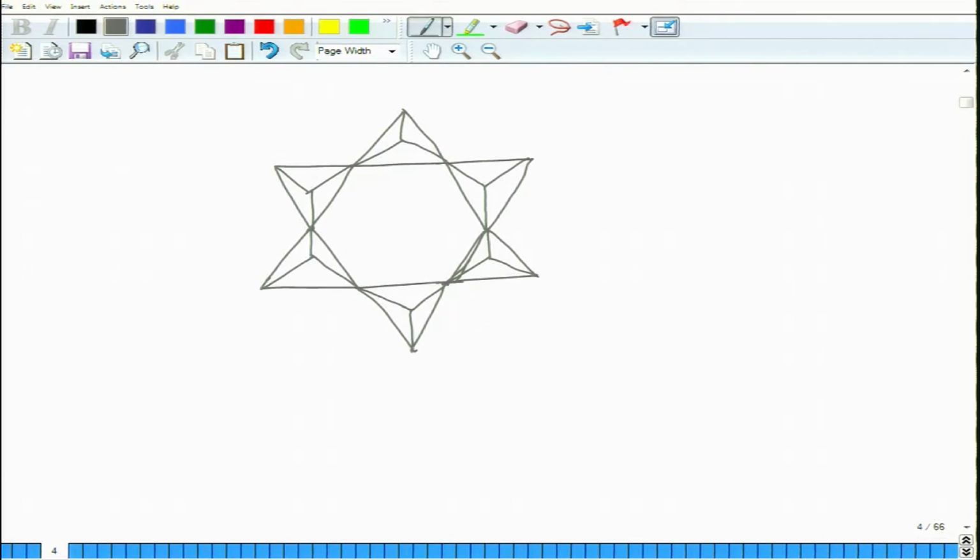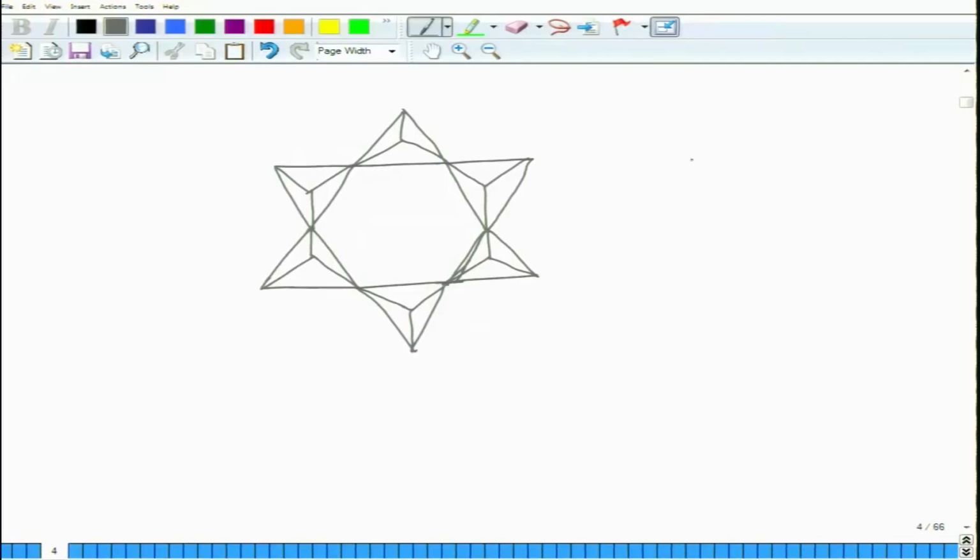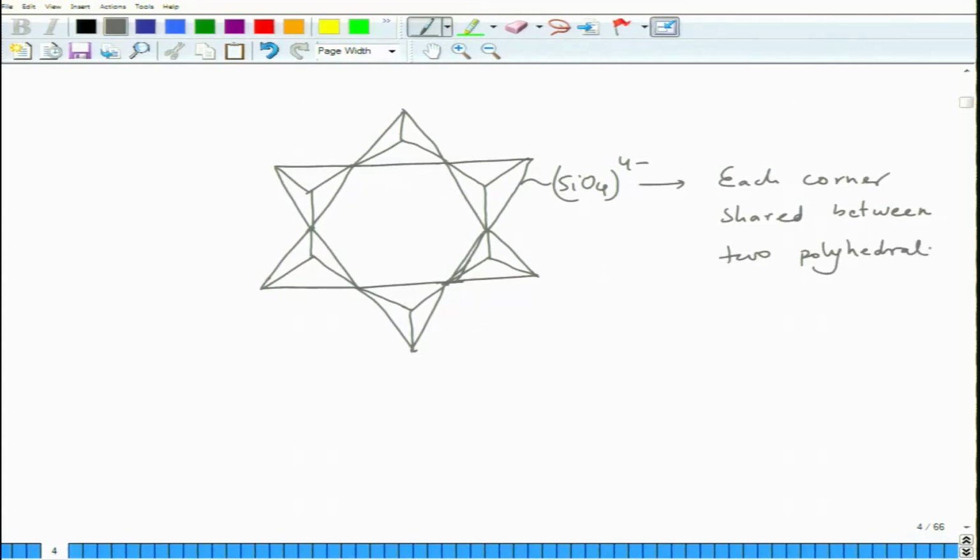Each corner is shared by 2 polyhedra. So what you will have is basically SiO4, with 4 divided by 2. These are SiO4 units, and each corner is shared between 2 polyhedra.